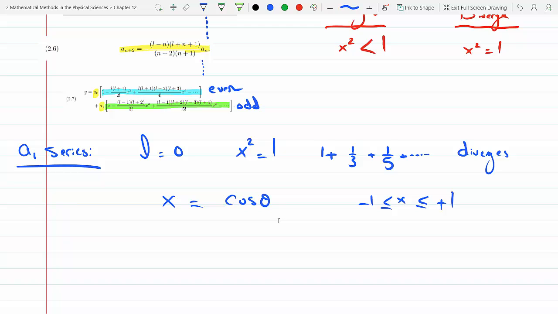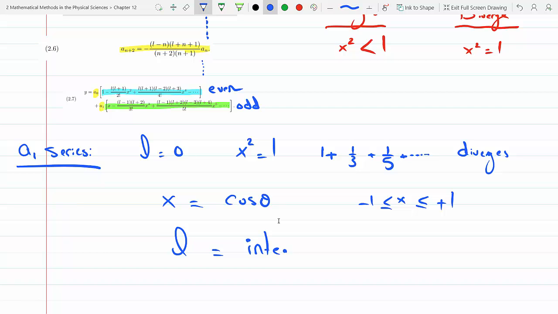So the point is we want a solution that converges for all x, for all theta. Okay, for all theta, that means we need a solution which converges at the bounds at plus or minus 1 and in between. And you could always find one but not two solutions where L is an integer.